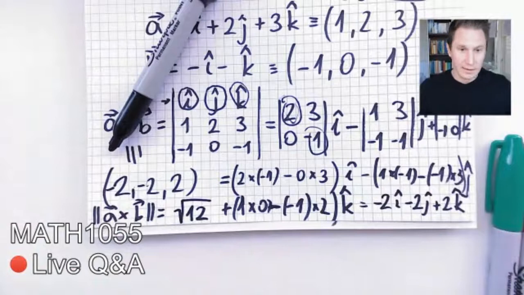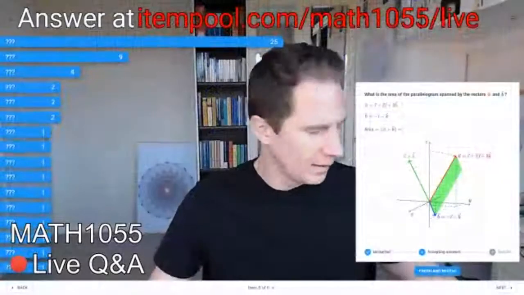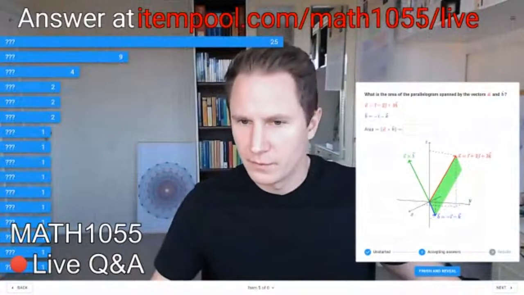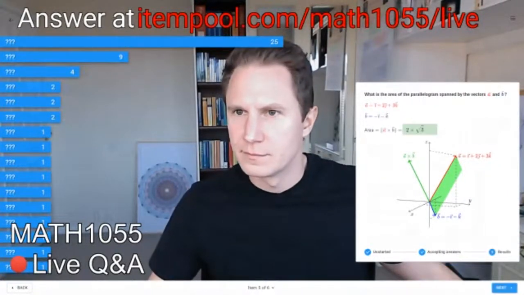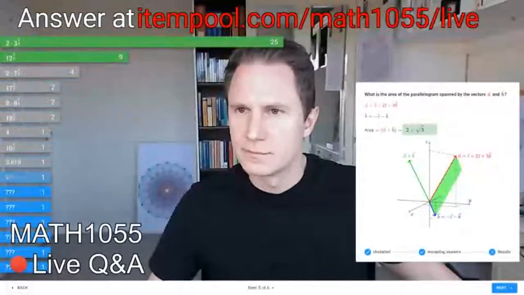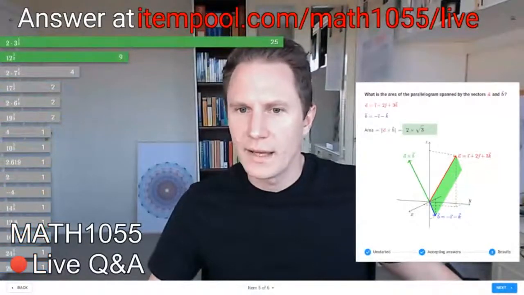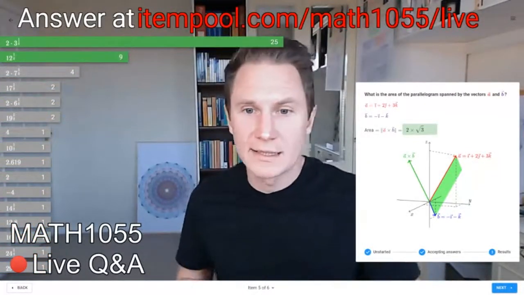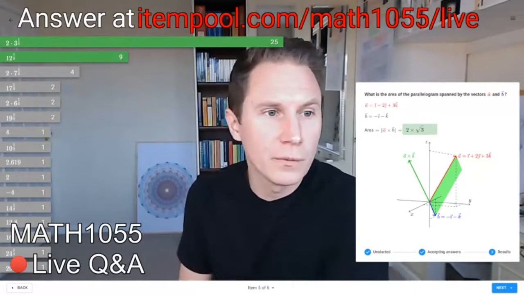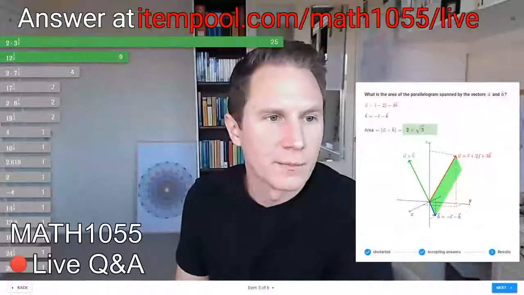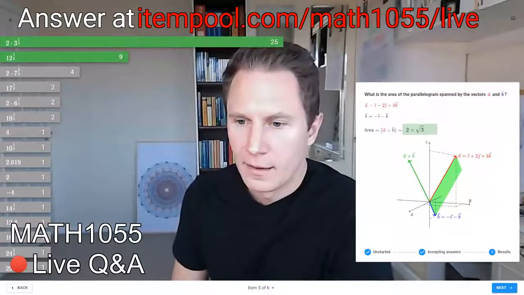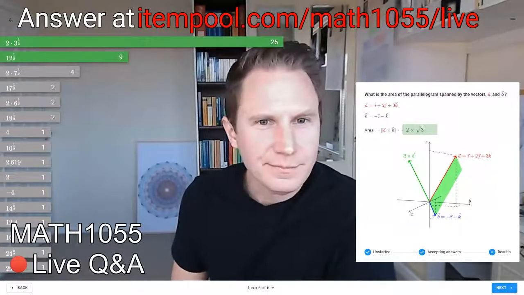Okay, so let me see if people got that right. Okay, so root 12 can also be written as twice root 3, and yes, both of those inputs were correct.